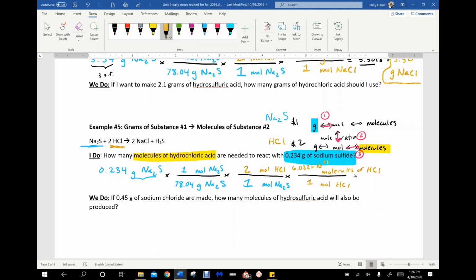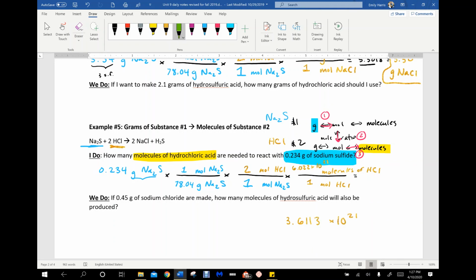So you'd start off and type in 0.234 times 1 divided by 78.04 times 2 divided by 1 times 6.022 times 10 to the 23rd divided by 1. And what that gets us for an answer, it's a big long number, 3.6113 times 10 to the 21st.